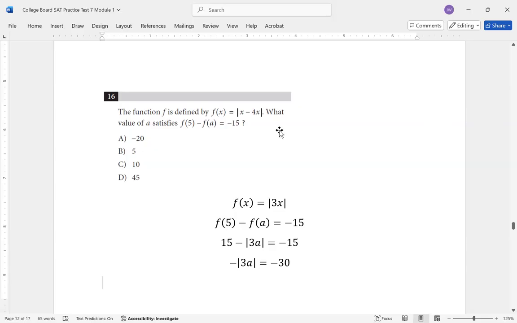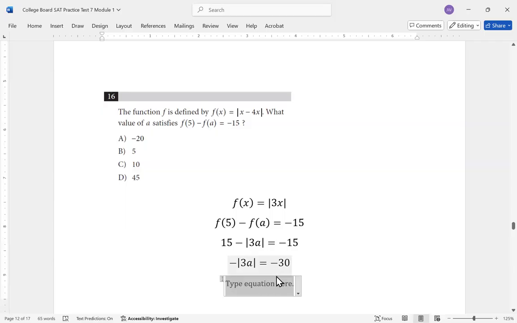So what value of a satisfies this equation? There's two. So I could put either a positive 10 or a negative 10 in for a and satisfy this equation. Divide both sides by the negative 1, and then you could divide by 3 as well.